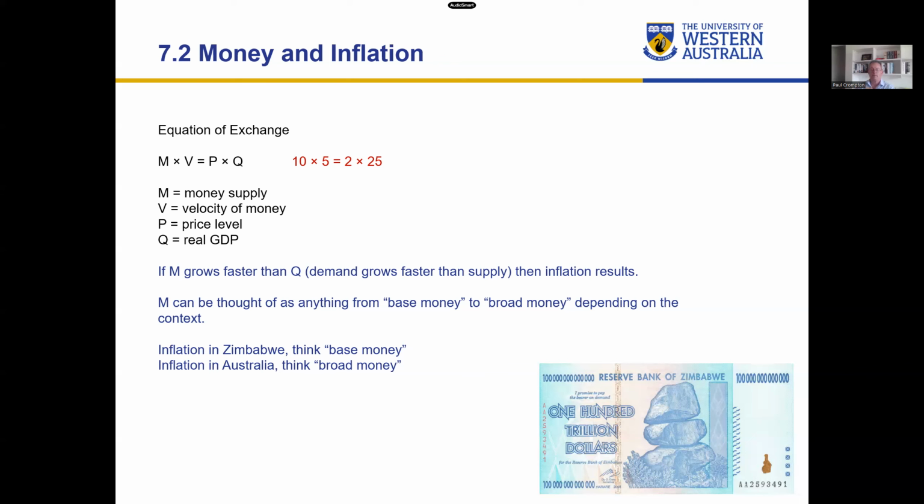So the growth rate in the money supply starts off at a moderate rate and then just increases exponentially. Okay, so that is the relationship between the money supply and the price level.